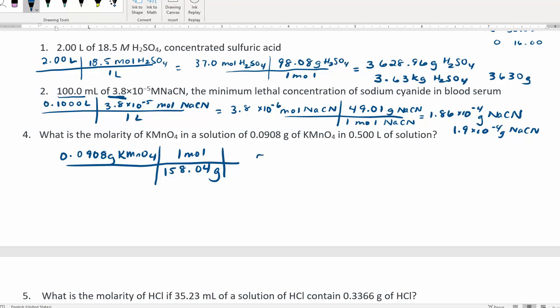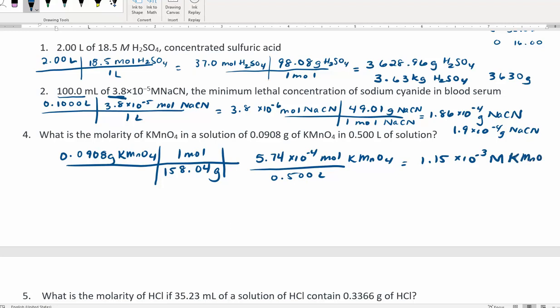So we calculate the moles. I get 5.74 times 10 to the negative 4 moles KMnO4. Then divide those moles by the volume in liters and get 1.15 times 10 to the negative 3 capital M molarity of KMnO4.